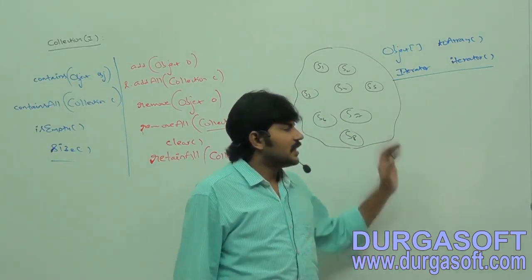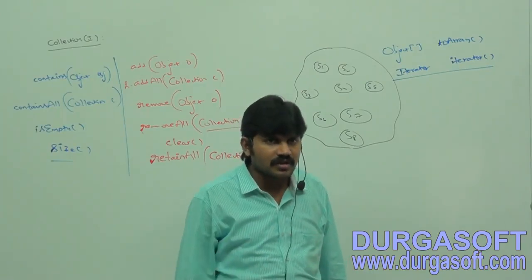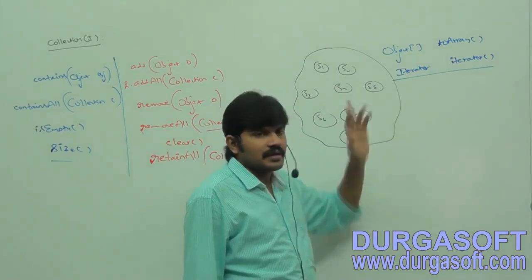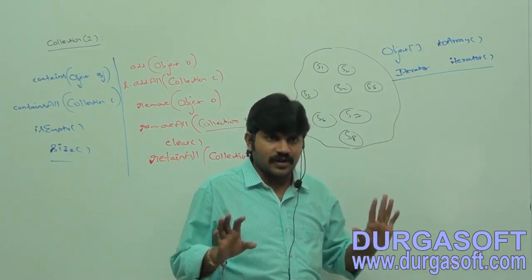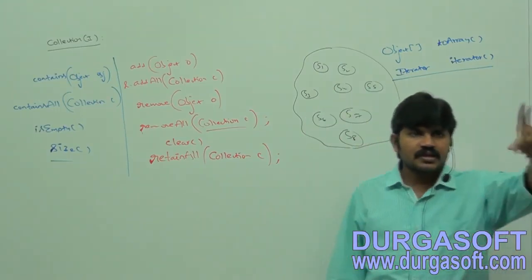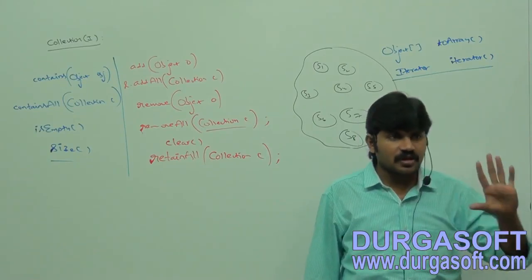I want an iterator object to get these objects one by one from the collection. Then which method do I have to use? The iterator method returns an iterator object. Is it clear for all of you? These are the most common generalized methods present inside the collection interface, applicable for any collection object.